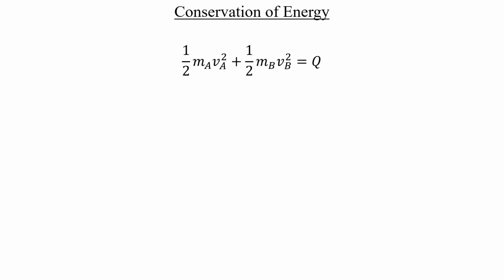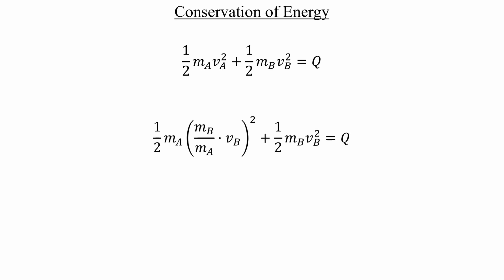Here we have the sum of the kinetic energies of both fragments being equal to the total energy that's released by the explosion, which we'll just call Q. I'm going to take the expression for velocity A that we just solved for and plug that in here.